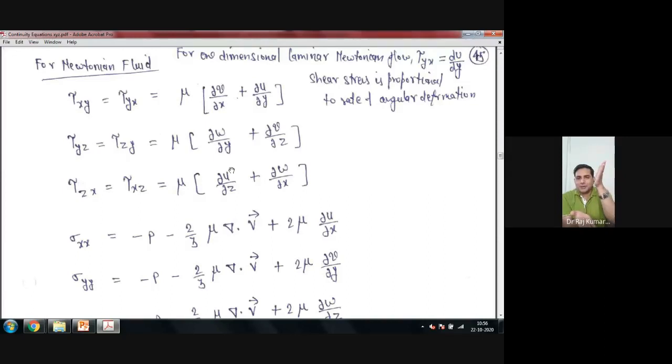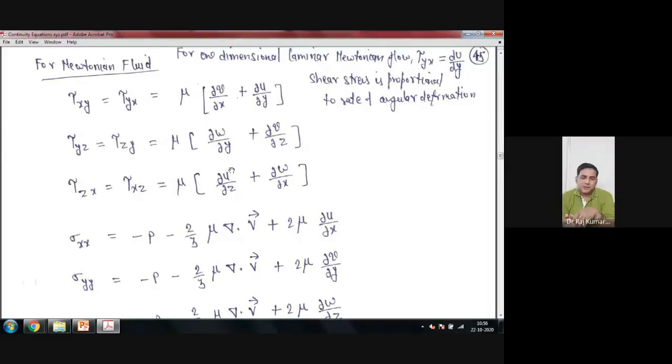Yes or no? Right? If you want to move upward, your plane is x. Therefore your velocity will change with respect to the x coordinate, not the y coordinate. If the surface is only this side, this surface would have the shear only, not this surface.